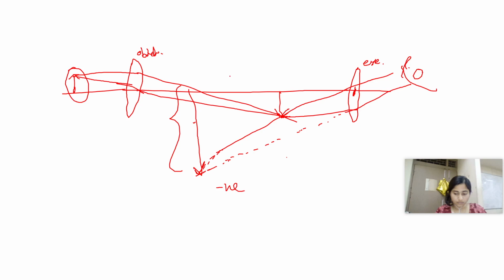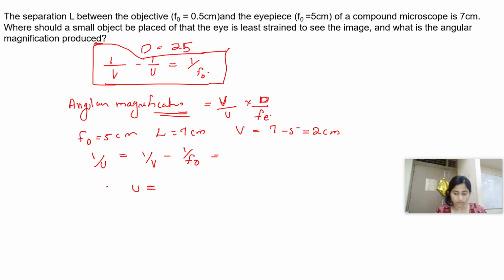So both should be the same. The image formed by the objective, this length only, should be the eyepiece focal length also. That's why we use this criteria here to subtract. The remaining length only will be the image length.